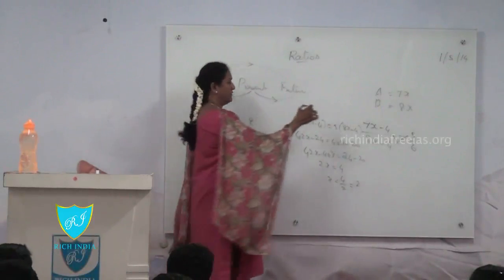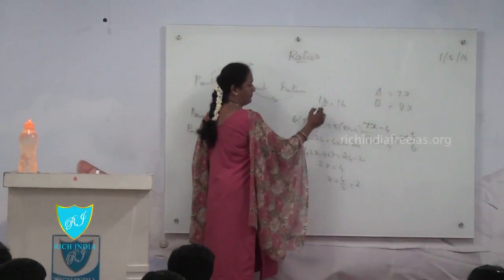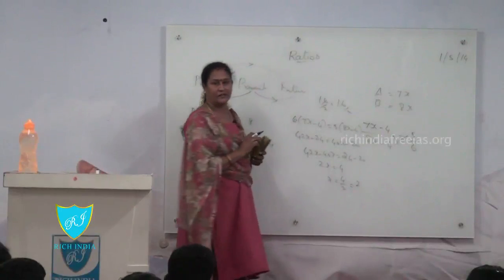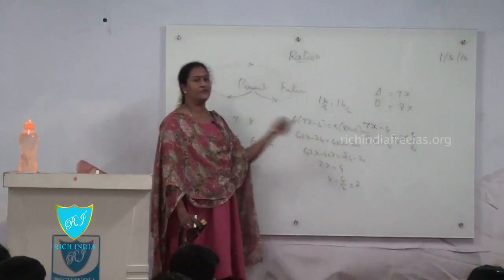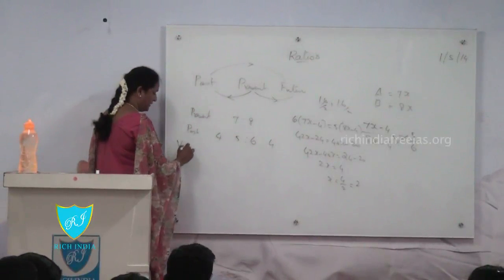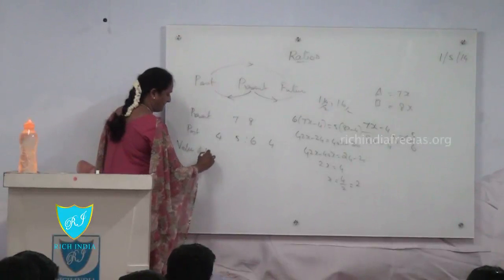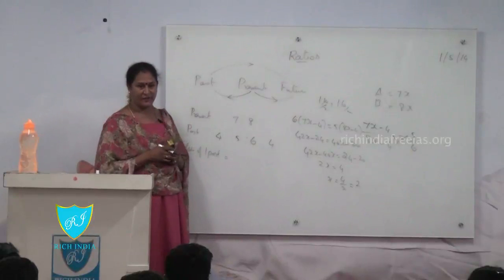So earlier it was given as 14 and 16. You have cancelled out the common factor 2 and we have got the ratio 7 and 8. So this 2 is the value of one part. And to find this value of one part, you can proceed in this manner.